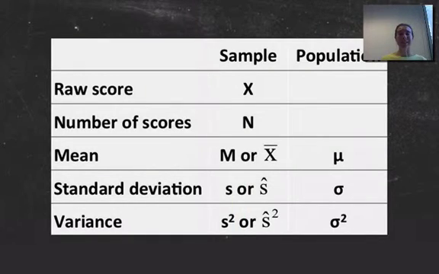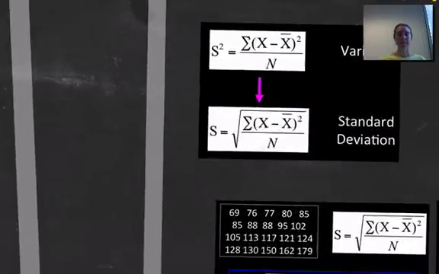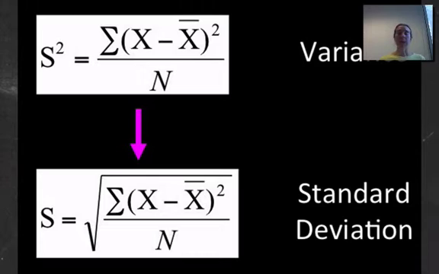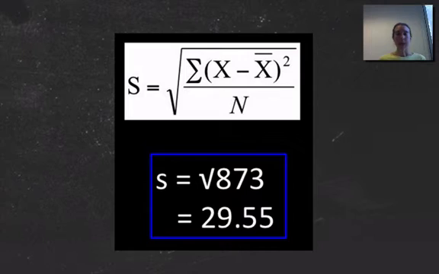So this actually says that the standard deviation is simply going to be the square root of our variance. And so that's exactly what it is. We take our variance and then we just take the square root of that value, and that's going to give us the standard deviation. So once we have the variance, we simply take the square root of it.